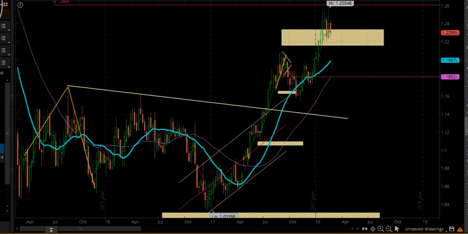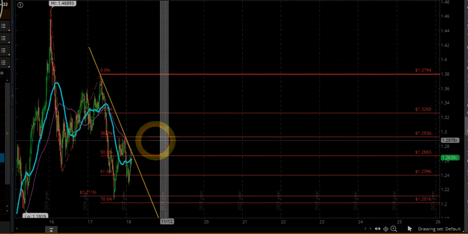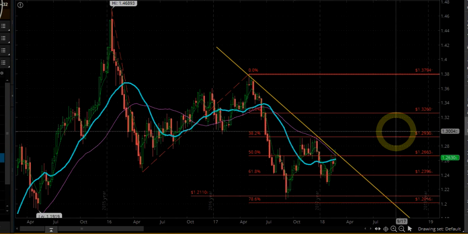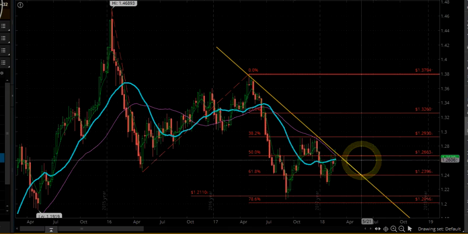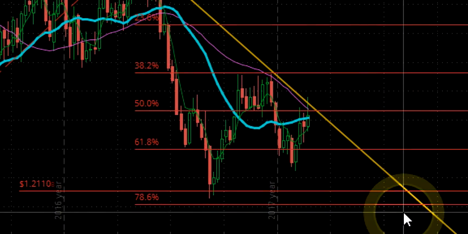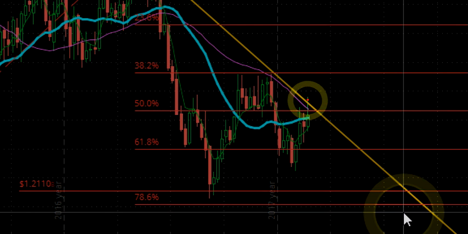The US dollar CAD, again, this was up this week, and we've been looking at this as a long, but it had a pretty good reversal candle.